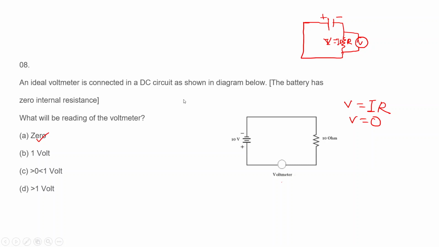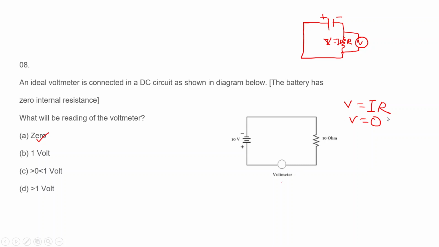But in this particular question, the voltmeter is connected in series instead of parallel. Since the voltmeter has very high resistance, we can ideally say it has infinite resistance. In that case, there will not be any current flow in this circuit.